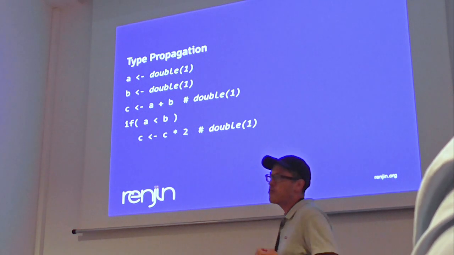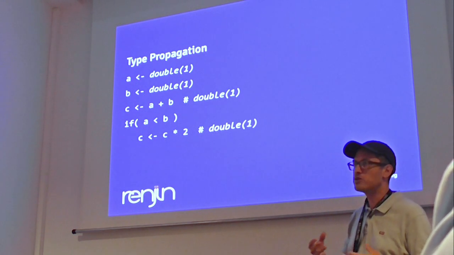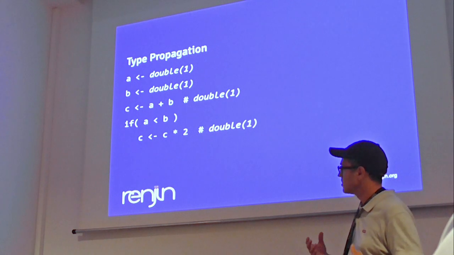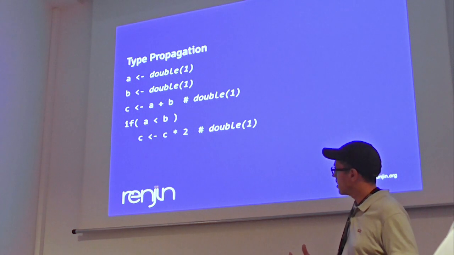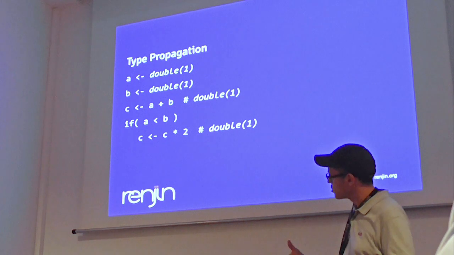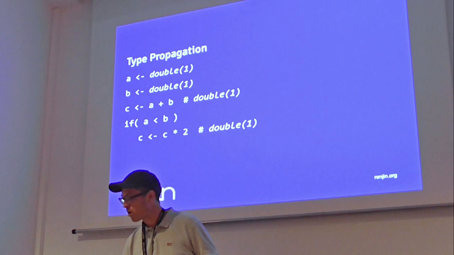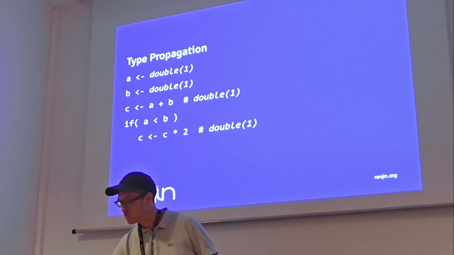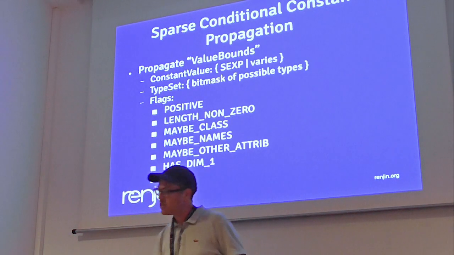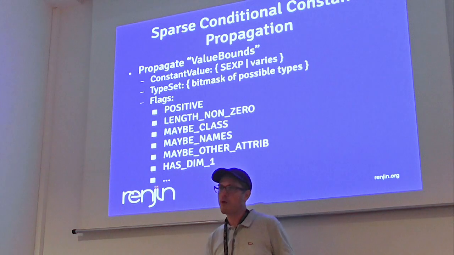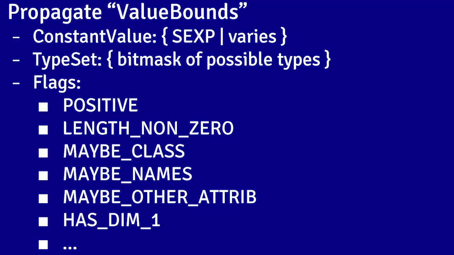So we can take things that we know about various values and use that to specialize the R code, to compile it down to something more efficient. Just to give you an idea of the kinds of things we're looking to analyze, these are a selection of the properties that we're tracking.